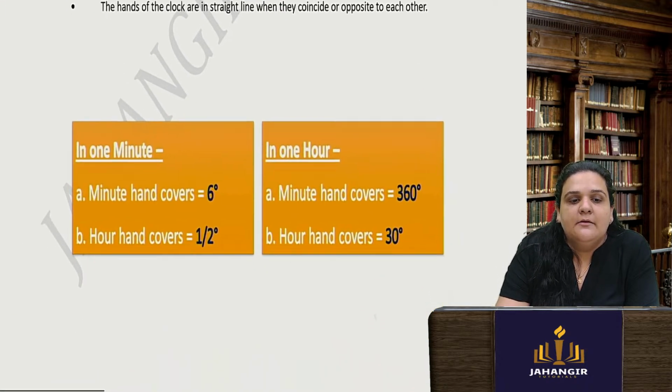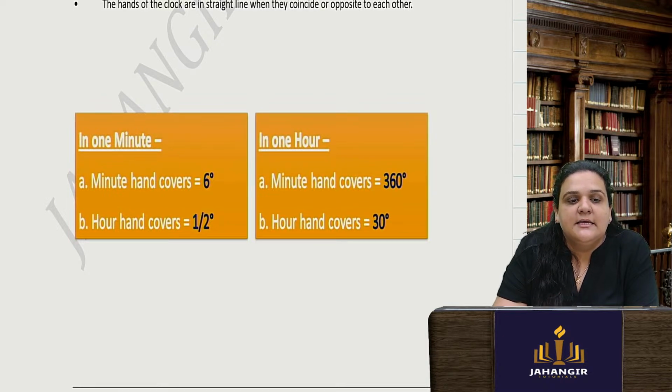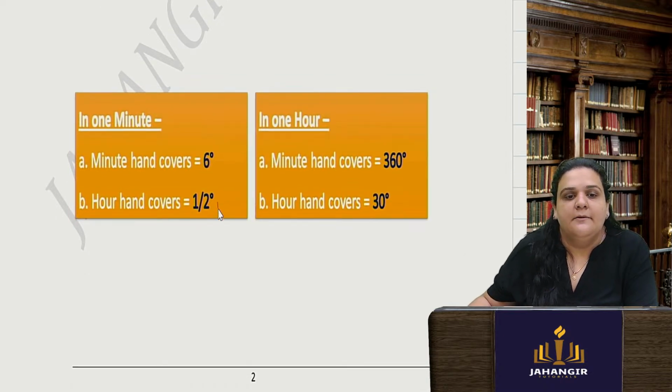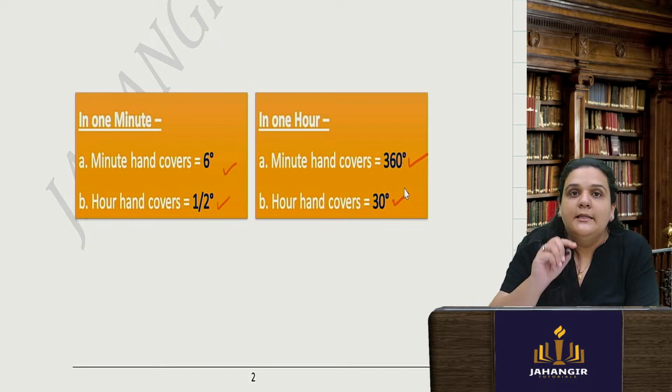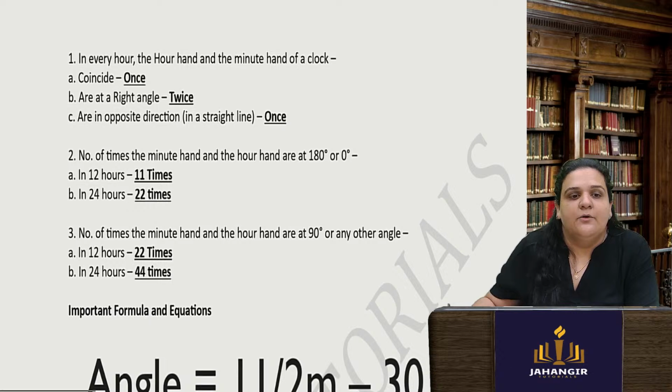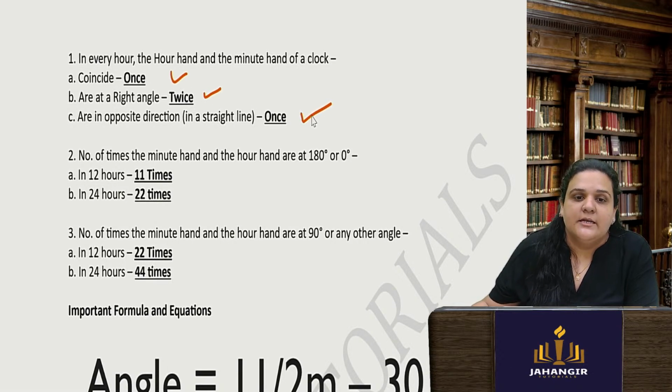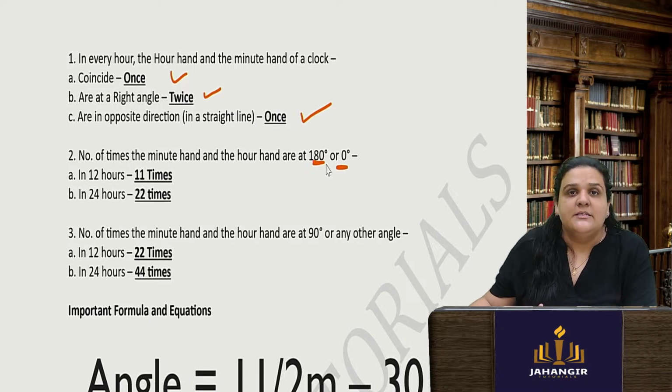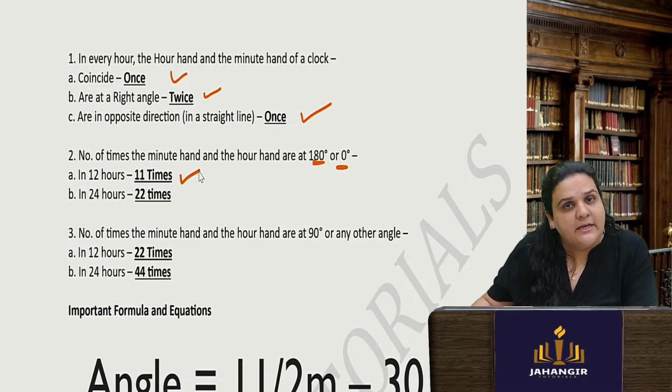In 1 minute, the minute hand will cover 6 degrees and the hour hand will cover half a degree. In 1 hour, the minute hand will complete the entire circle and the hour hand will move only 30 degrees. They coincide once, are at right angle twice, and are opposite in a straight line once. So in 12 hours, they will be at 180 degrees or 0 degrees, opposite or coinciding, only 11 times, and in 24 hours, 22 times.